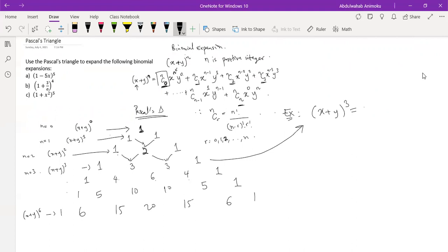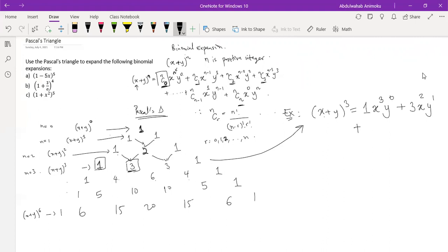What it means is the first coefficient of this expansion will be this 1, okay? I will have 1, then x raised to the highest power, then y raised to the lowest power. Can you see what is happening? Plus, the next term would have the coefficient 3. Then reduce the power of x by 1, increase the power of y by 1.